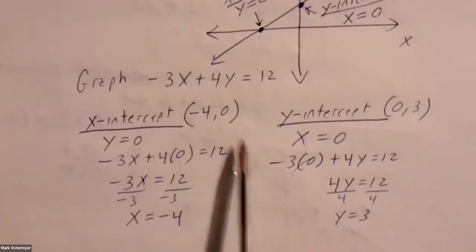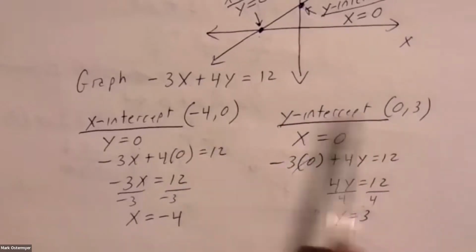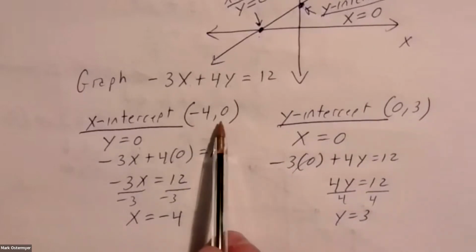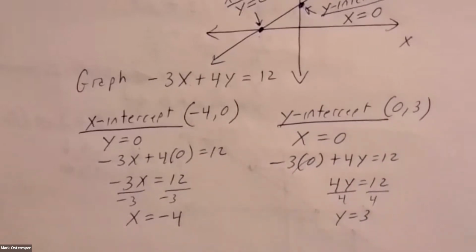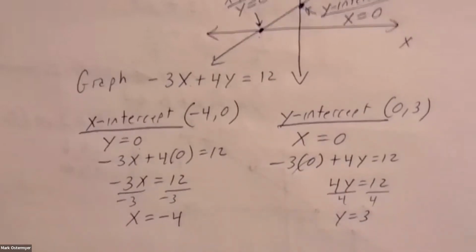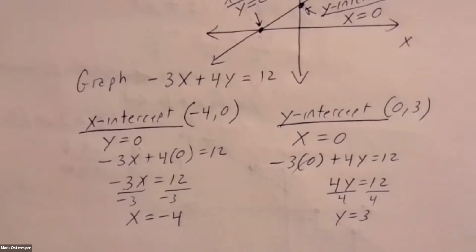Do you think that's enough information now to graph this linear equation, knowing its x and y intercepts and knowing that they are unique points? I think that should be enough information, correct?